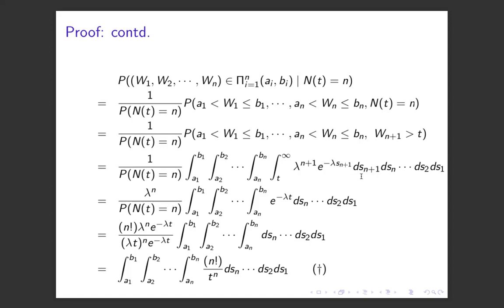You are integrating with respect to the variable s(n+1), after taking lambda to the power n outside. What remains there is precisely the exponential density with parameter lambda, and that you can easily evaluate over an interval of the type t to infinity. And that precisely is this quantity.